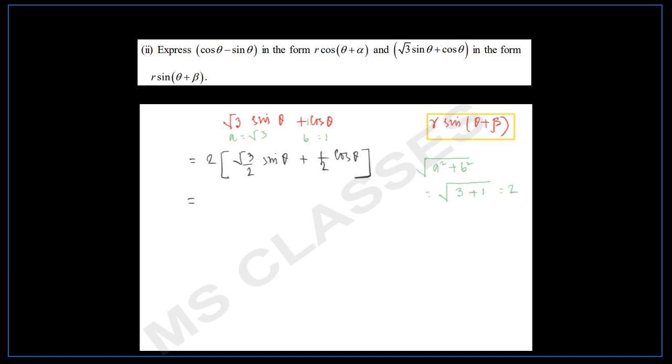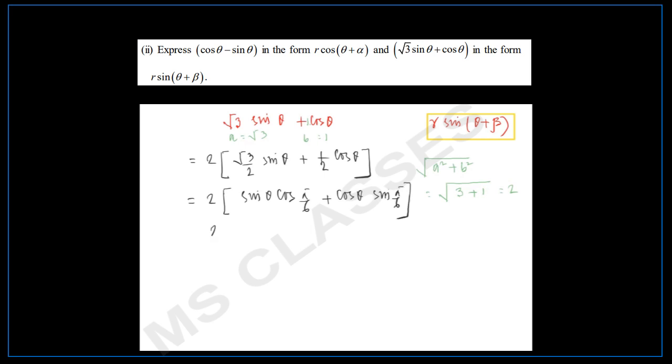So this will be 2 times. Now we need it in terms of sine. So if one is sine, the other will be in cos. If one is in cos, the other will be in terms of sine. So this will be sine theta cos pi by 6 plus cos theta sine pi by 6.